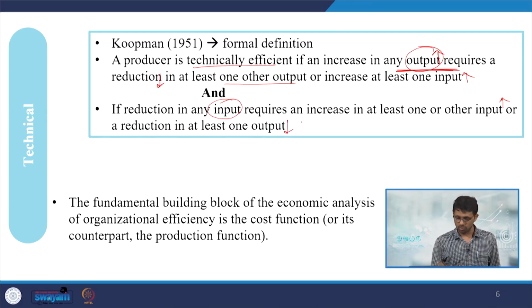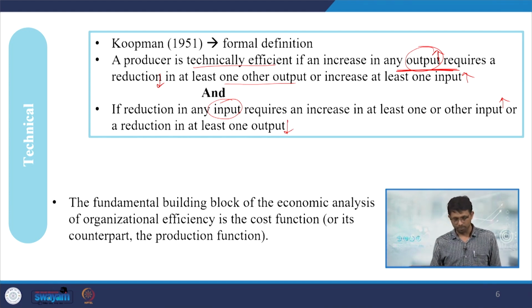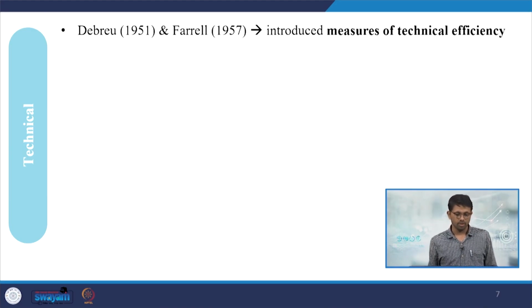If you reduce the output, then we will be in a position to optimize our input requirements. That is basically called technical efficiency. That is the formal definition from the original source, Koopmans 1951.